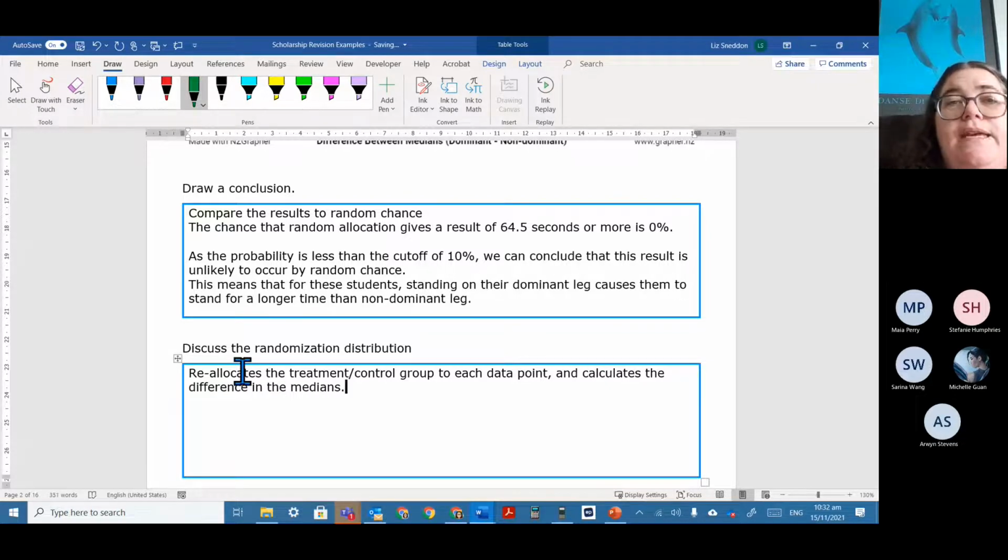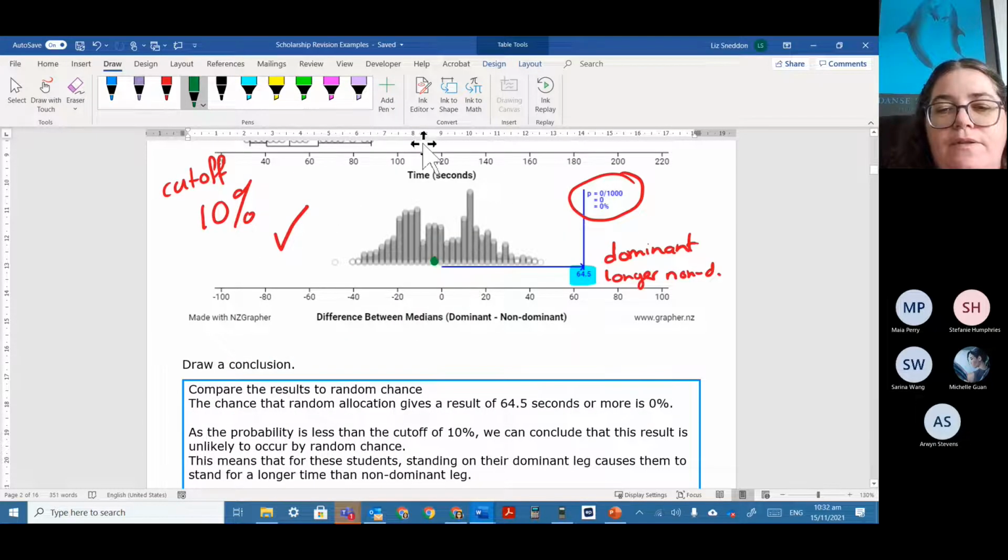What it's saying is, just by chance, what kind of result could you get? What difference in the medians could you get just randomly tossing a coin and putting things into groups? These are the kinds of results you'd get by random allocation, and this is the one we actually got. So we can see that random chance is quite different from what our experiment result showed.